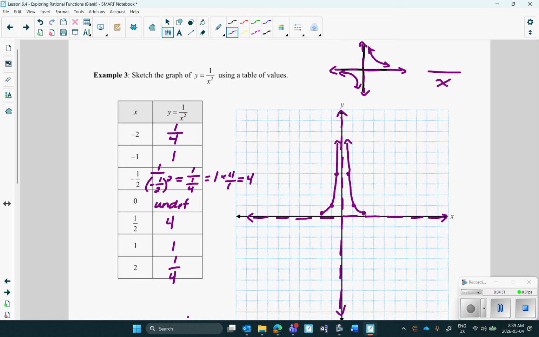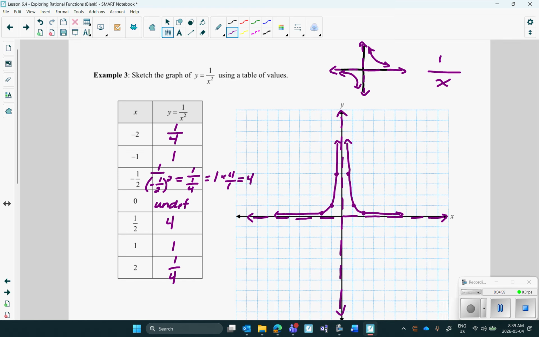And like we saw with the previous graphs, as we get really, really small on the x-axis, we get closer and closer to 0. As we get really, really large on the x-axis, we get closer to 0 as well. Really, this is the graph of 1 over x.